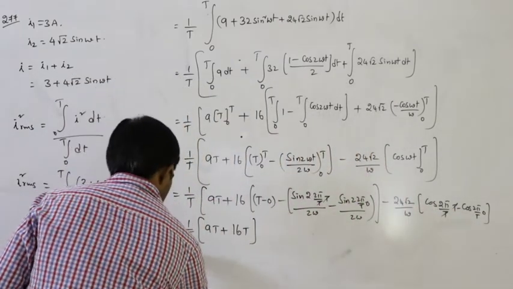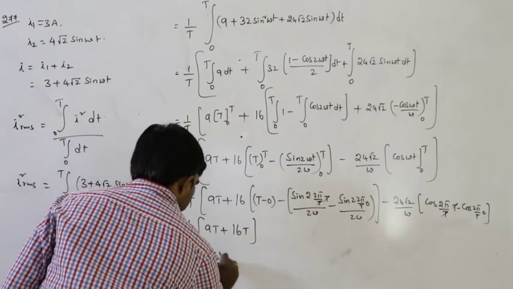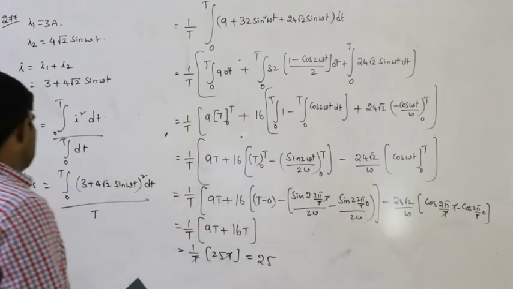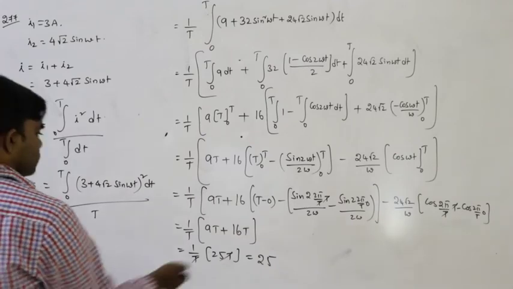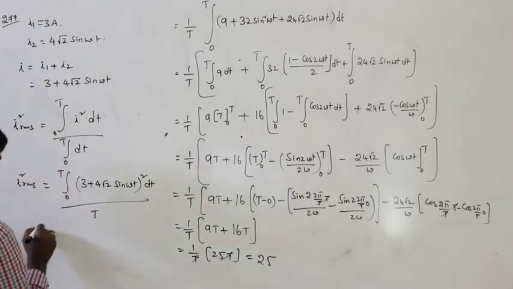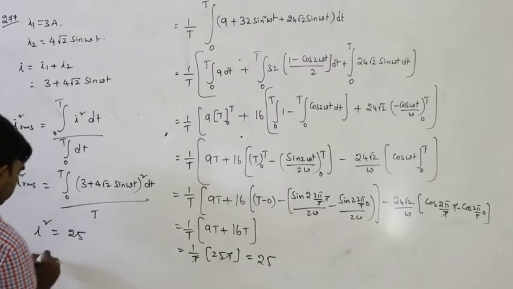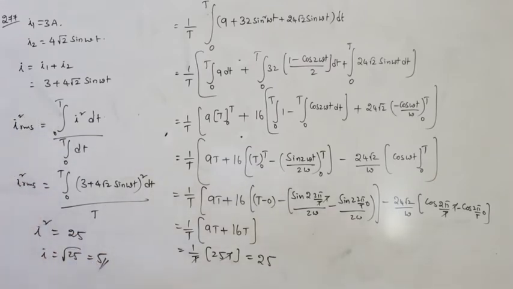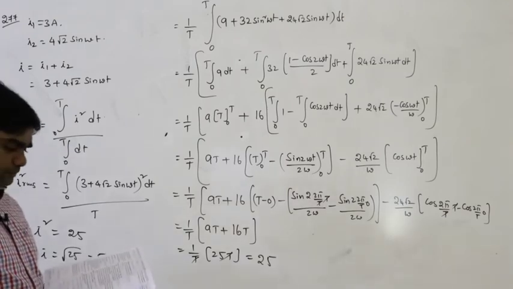So 1 by T into it is 25T, T cancels, that is 25. So I RMS square is equal to 25, then I is equal to root 25, so that is equal to 5. So that is the answer.